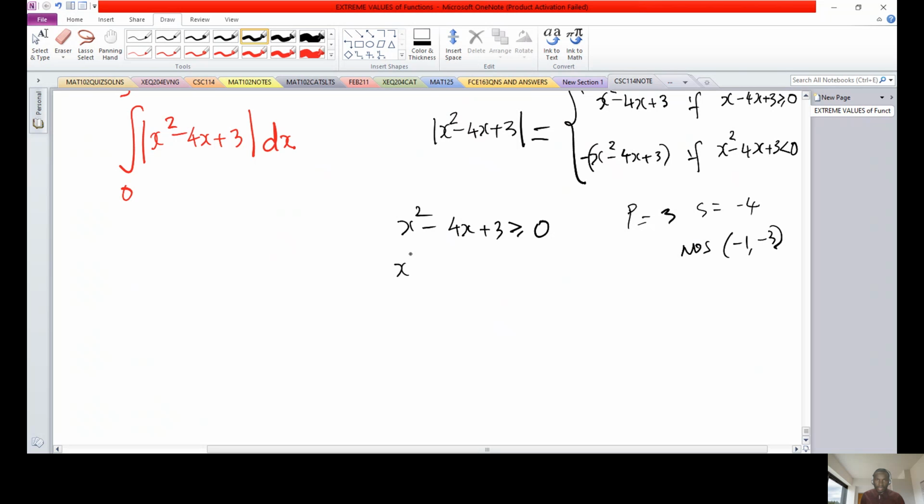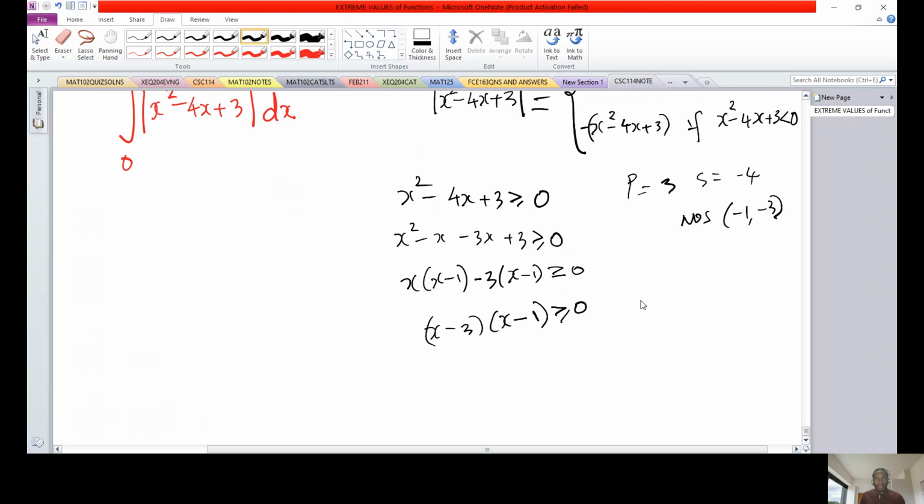So this can be written as x squared minus x minus 3x plus 3 greater than or equal to 0. So x into x minus 1 minus 3 into x minus 1 greater than or equal to 0. So x minus 3, x minus 1 greater than or equal to 0.